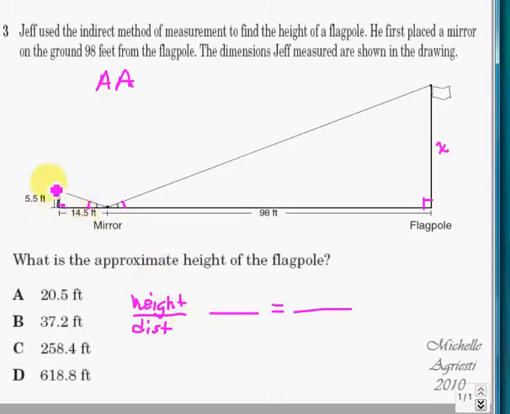So on this left triangle, his height is 5.5 feet, and the distance is 14.5 feet. On my right triangle, I don't know the height, that's my unknown, and my distance is 98 feet. So here's my proportion.